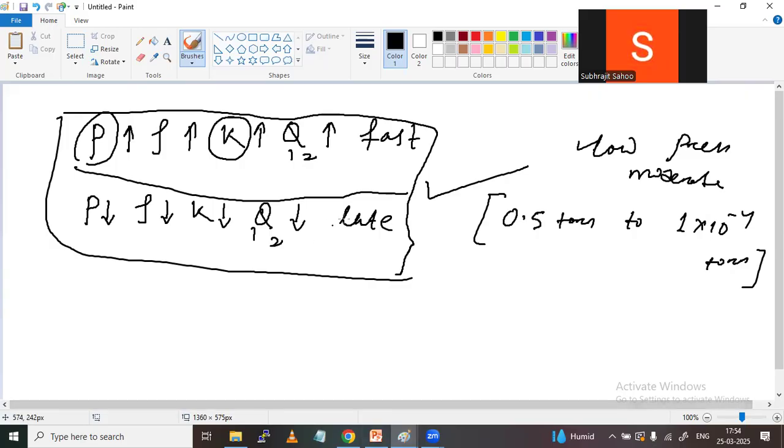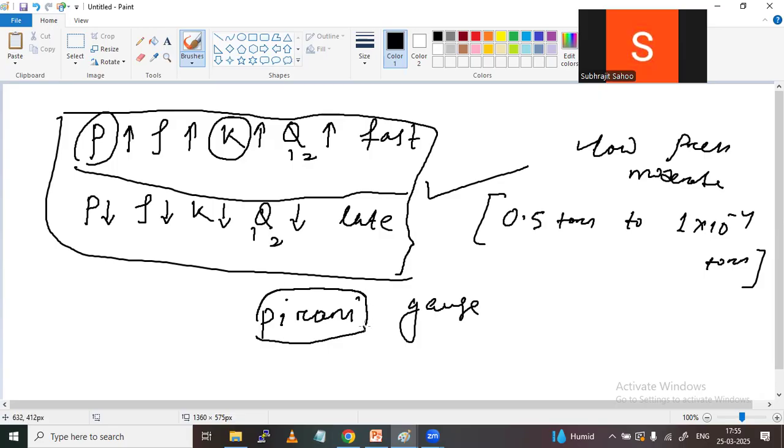There are several types of thermal conductivity gauge. Today I am going to discuss the Pirani gauge. Pirani gauge is my topic today.